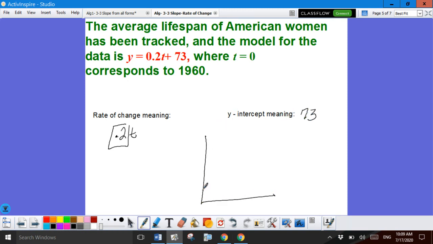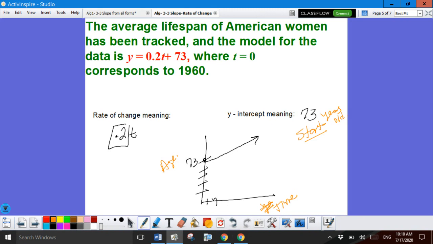So let's think about what this looks like on a graph. So I'm going to go ahead and put 73 here, and then this is going up this way. So what does the y-intercept mean? Well, it's looking at the starting point, okay? So in this data, the starting point that they looked at for the average lifespan was 73 years old. This is years or time, and this is the age of the person.